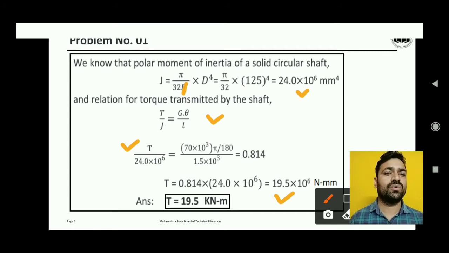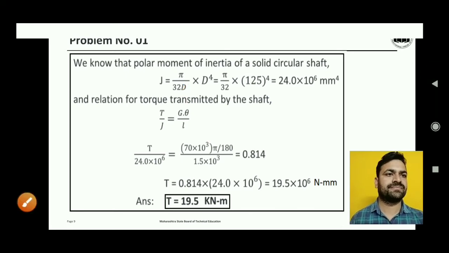So it will be equal to 19.5 kilonewton meter. You can keep it as it is also. So this is the answer: the maximum torque that a 125 mm shaft can transmit will be equal to 19.5 kilonewton meter.